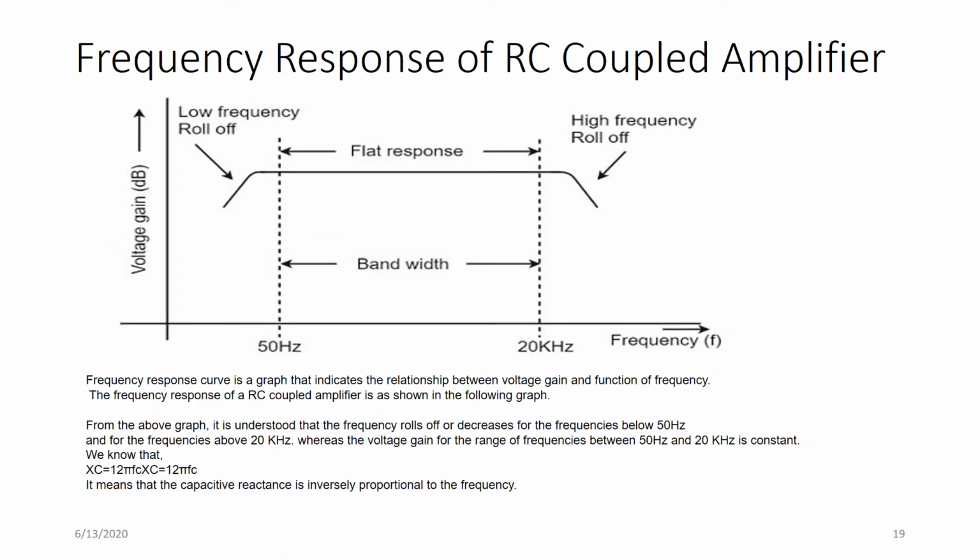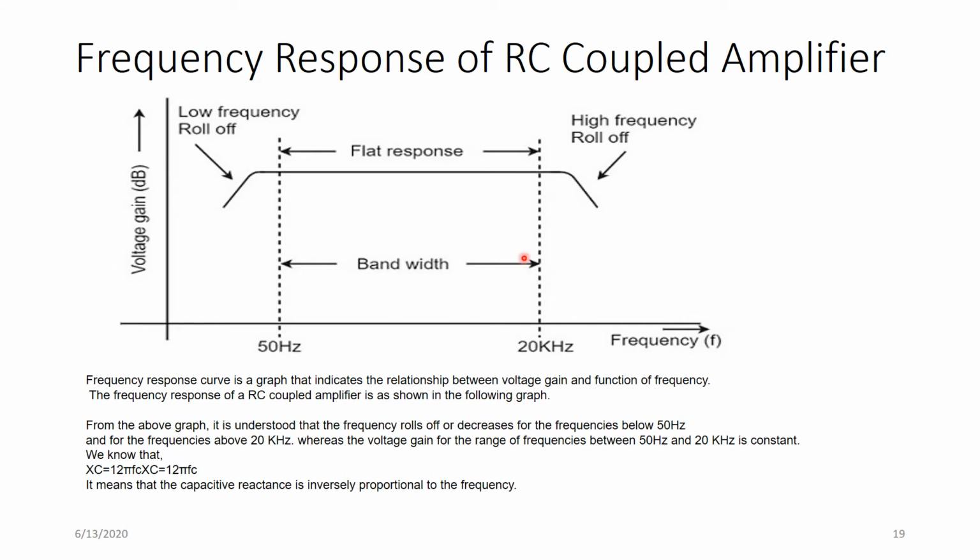Now, frequency response of RC coupled amplifier. Here this is the low frequency response, so the roll-off rate will depend on the coupling capacitor CC. Here is the high frequency response, so the roll-off rate will depend on the capacitor at the output of the amplifier stage.